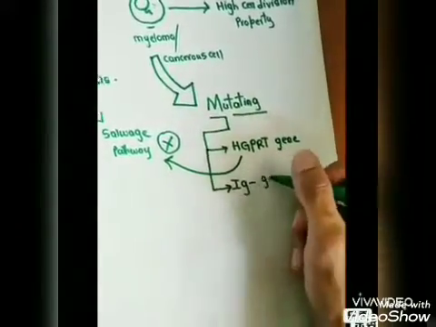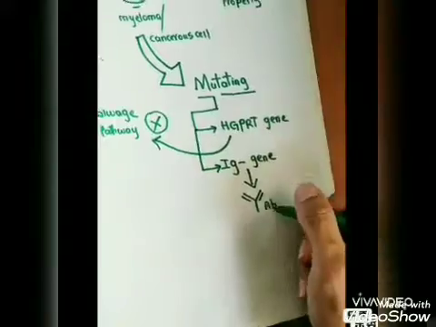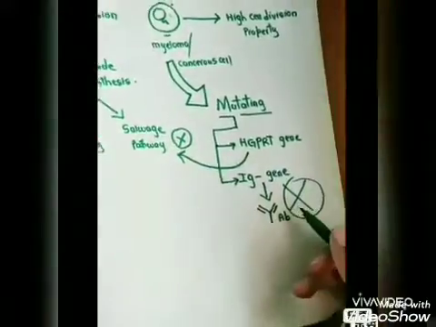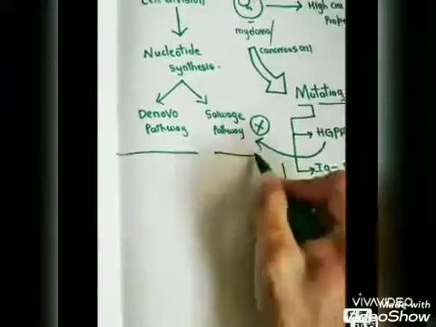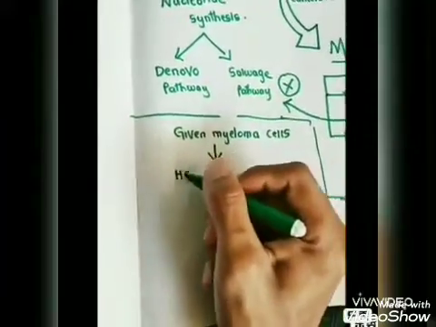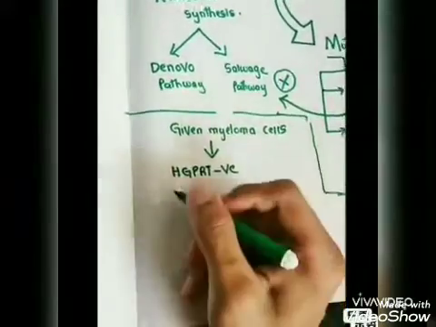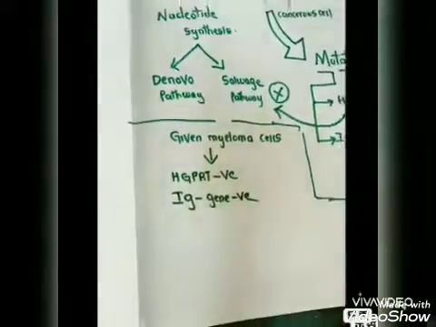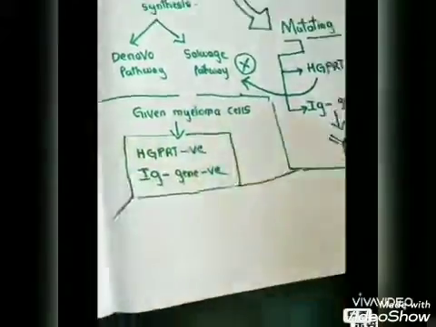We are also mutating the immunoglobulin gene, which will avoid the immunoglobulin production, which we don't want. By this step, you will have myeloma cells which are HGPRT negative and immunoglobulin negative.